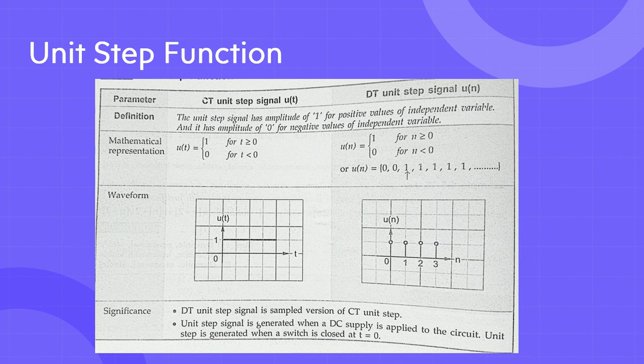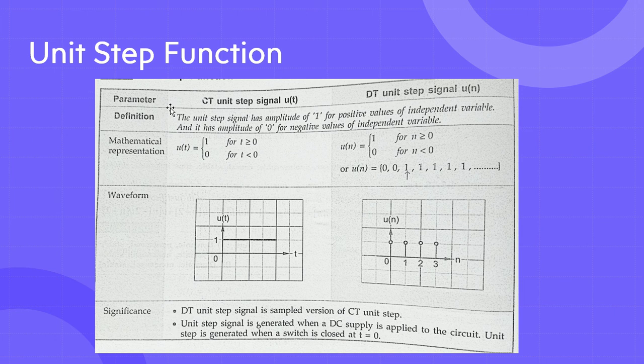Because what does this signal do? To learn that, let's see the definition of this signal. What does the definition of the unit step function say? It says the unit step signal has an amplitude of 1 for positive values of the independent variable, and it has an amplitude of 0 for negative values of the independent variable. What does it mean?